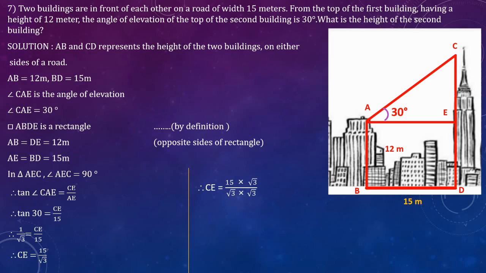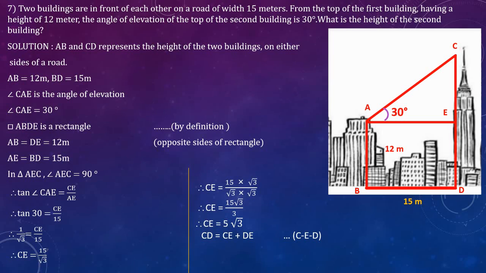We get 15 into root 3 upon root 3 into root 3. Therefore CE is equal to 15 root 3 upon 3. Now 3 ones are 3 and 3 fives are 15, so we can cancel, and we get the value of CE equal to 5 root 3. So CE is nothing but the half value.